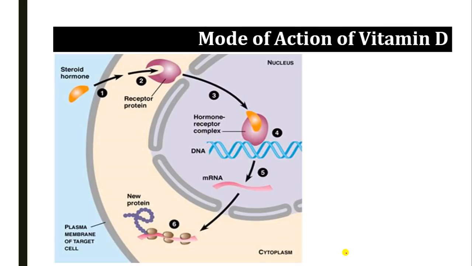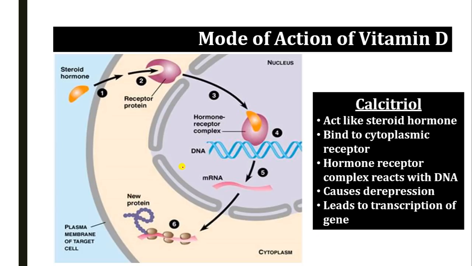Now let's go through the mode of action of vitamin D, how it acts. It acts like a steroid hormone. Vitamin D enters inside the target cell, then it binds with the cytoplasmic receptor. Then it is internalized to enter the nucleus.